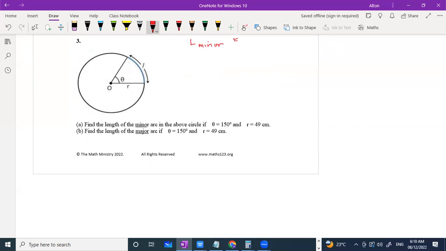This will be theta, which is 150 divided by 360. We're going to multiply by 2 by pi and by our radius, which is 49. So working that on our calculator, let's see what we get.